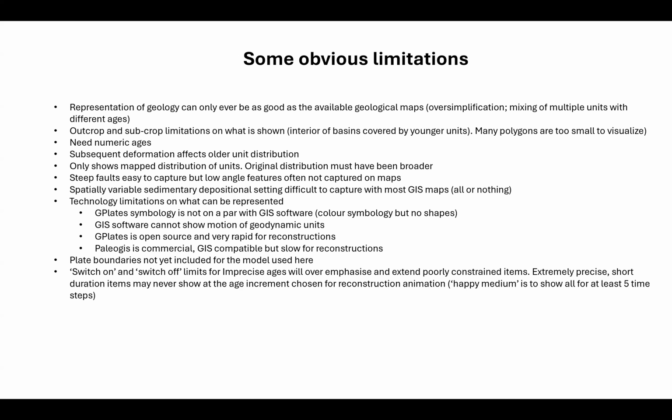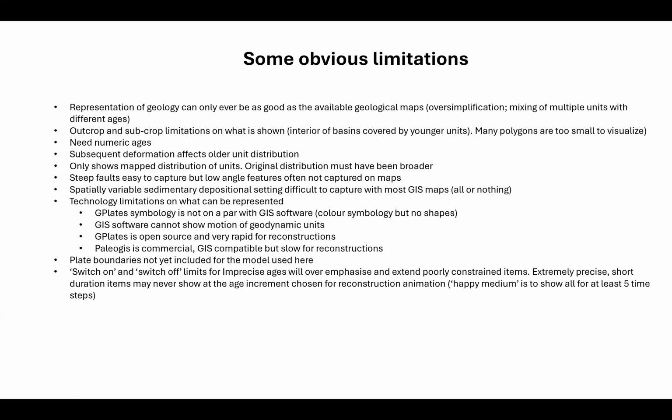And then the other thing is when one wants to switch data on and off in the animations, if you had imprecise ages, say plus or minus 50 million years, and you try to switch that on based on the uncertainty, it'll stay switched on for a very long time, totally inappropriate for the level of detail.